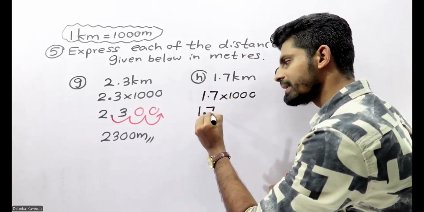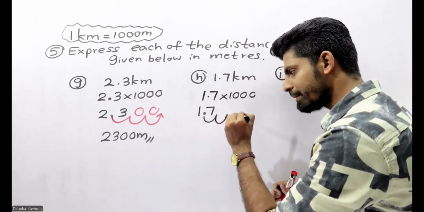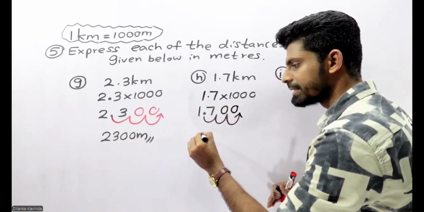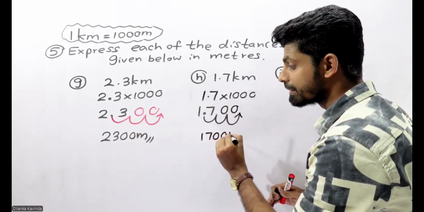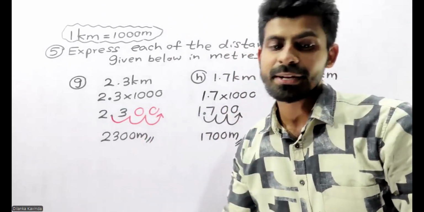1.7 multiplied by 1,000. Move 1, 2, 3 places. So that means 1,700 meters.